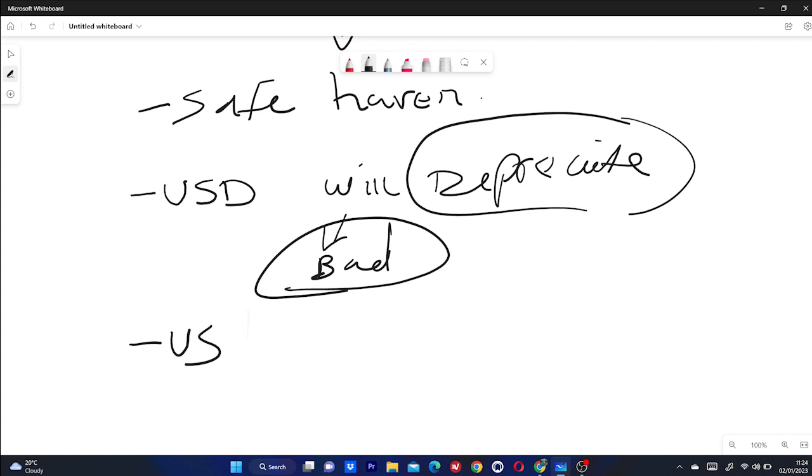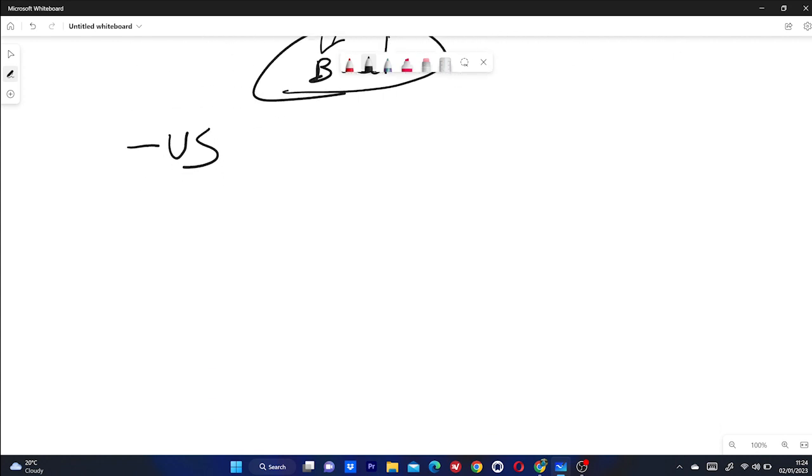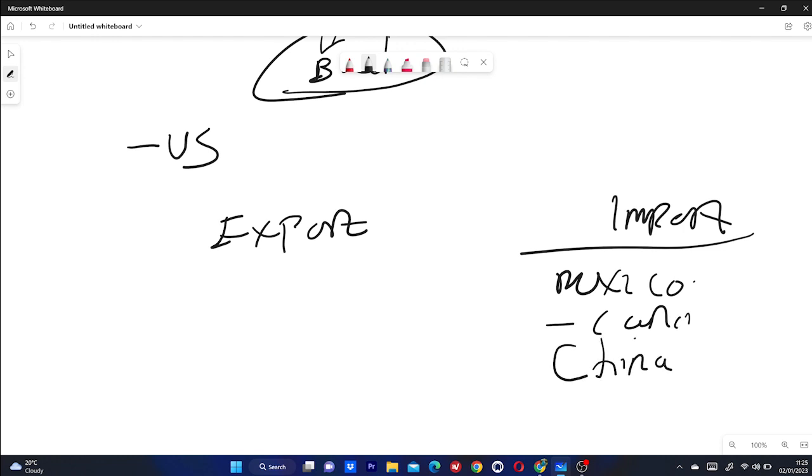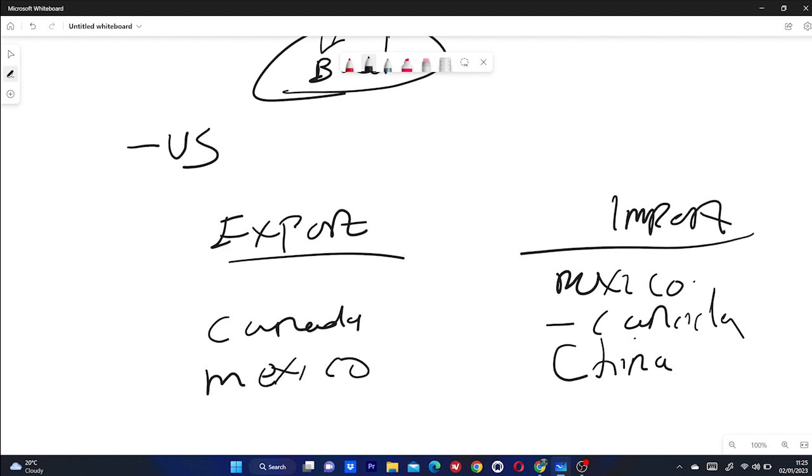For example, I'll just draw it over here. We have export, where the US exports mostly, and we have import over here. We know they import mostly from Mexico, Canada, and also from China. On the export side, they export to Canada, Mexico, almost the same, and China.